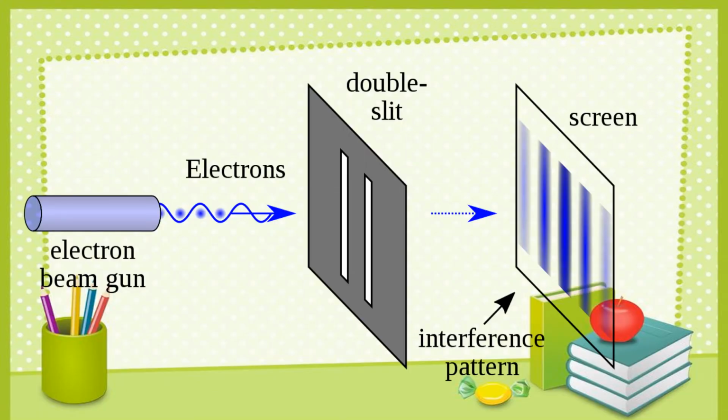So this is a clear diagram for a double slit. If you try to look at the direction of the beam gun, the electron beam gun, as you can see, the light passes through the double slit.